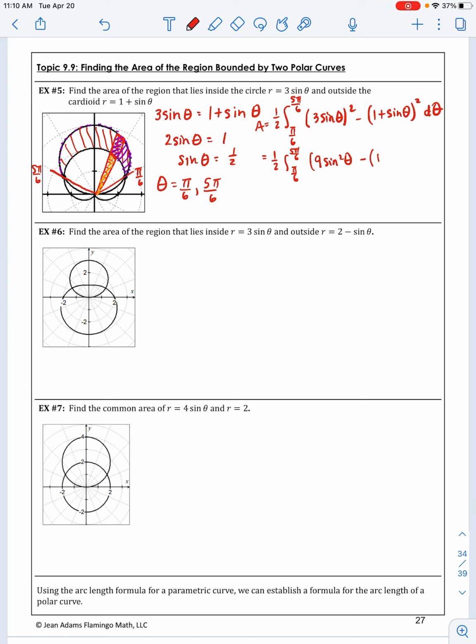minus, and I'm going to go ahead and put this in parentheses because it's a binomial. I get 1 times 1, and then I get a 1 sine theta, and another 1 sine theta gives me 2 sine theta. And then sine theta times sine theta gives me sine squared theta. I do need to distribute this negative to all of these terms.